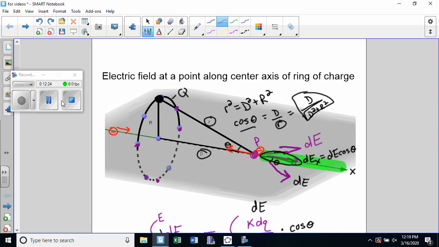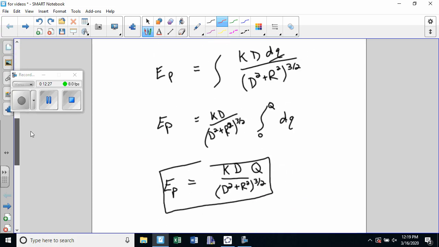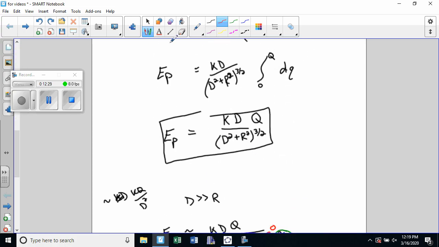So looking at this electric field, I notice that the force a charge would feel in that electric field is QE. This doesn't look like a linear restoring force. This electric field, and then this force, is going to be proportional to D over D squared plus R squared to the 3/2.